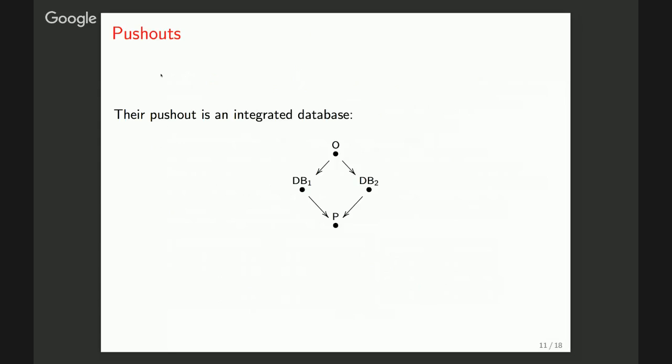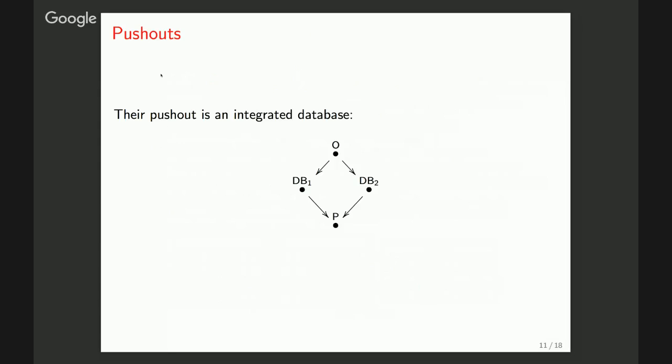So this diagram means that if you start at the overlap and you go from the overlap into database 1 and then into the pushout, you get the same answers if you go from the overlap into database 2 into the pushout. So that's one of the correctness criteria for integrating data correctly.